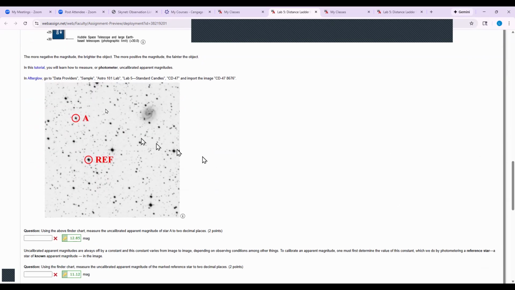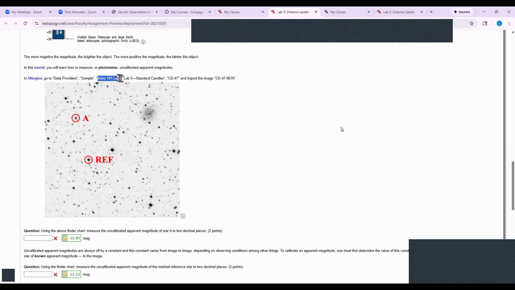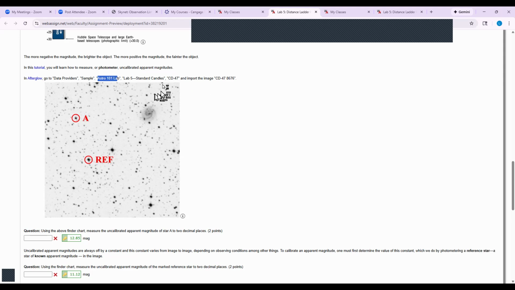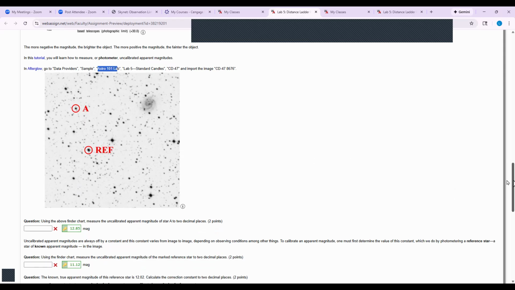And then we reviewed one simple example from the activity that we have in the Astro 1 lab, related to how to measure photometry on the sky, and that is called CD47. Normally these pictures come from AAVSO, an organization of amateur astronomers that do variable star investigation. They also have remote telescopes available.